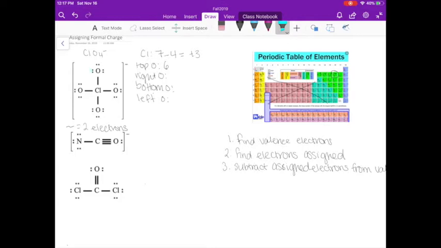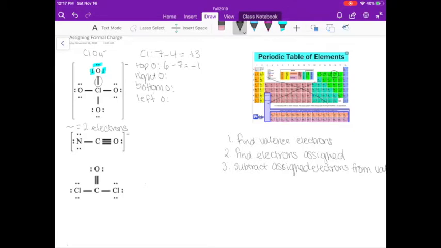Now looking at our top oxygen, we see that it has 1, 2, 3, 4, 5, 6 individual electrons assigned to it, plus this one bond that it shares with chlorine, which we know we're going to split in half, so that's going to add 1 electron to our total, giving us a total of 7 assigned electrons. When we subtract that from valence electrons, we see that we have a formal charge of -1.